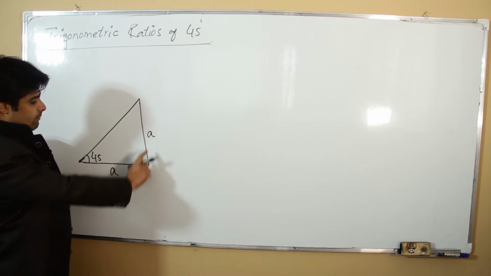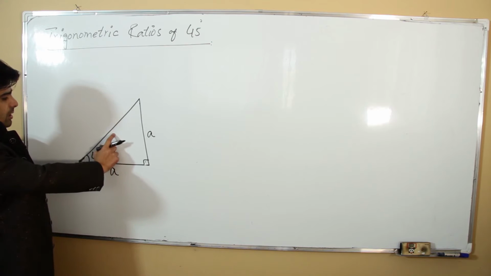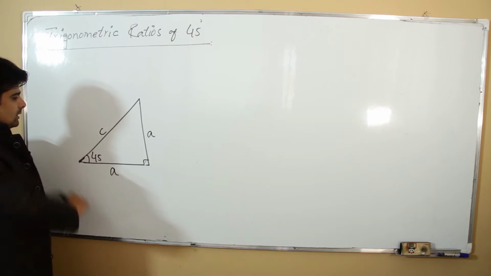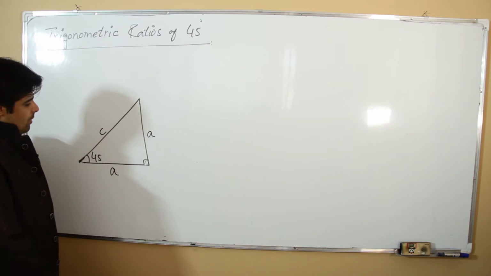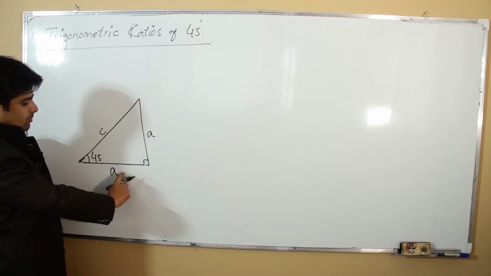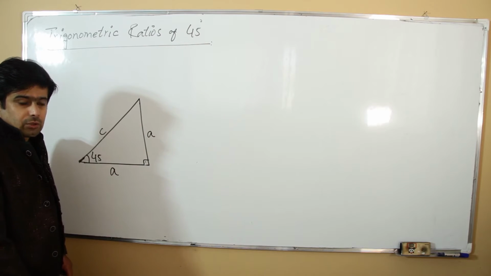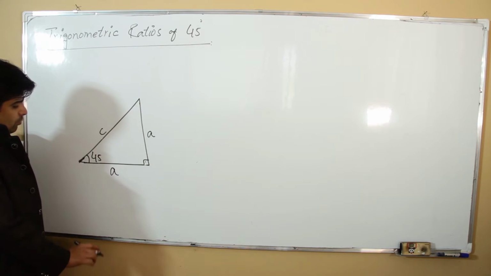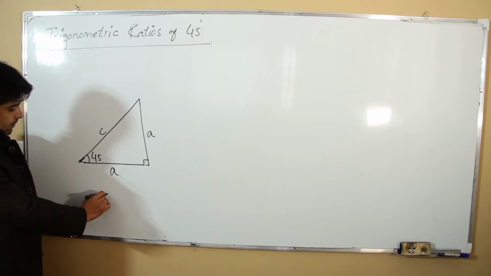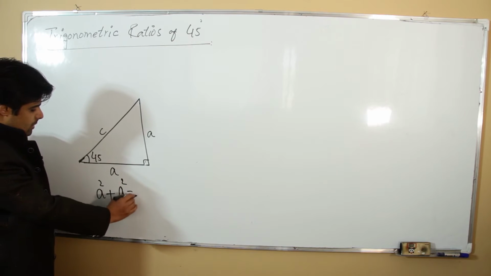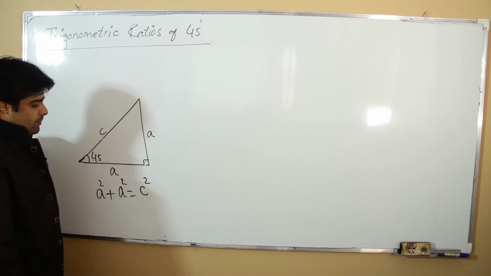Now, in here, if this one is A, this one is A, this side is not A. It is maybe B or C, whatever. Suppose this is C. Am I right? Yes. Now, I have to find this side in terms of A. So, you know by the theorem of Pythagoras, which says that A square plus A square is equal to C square.